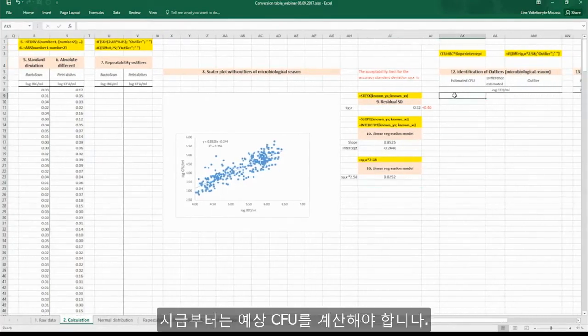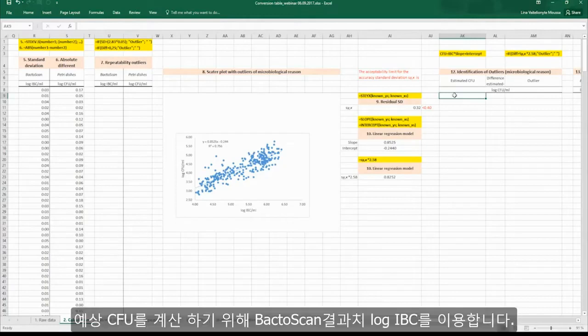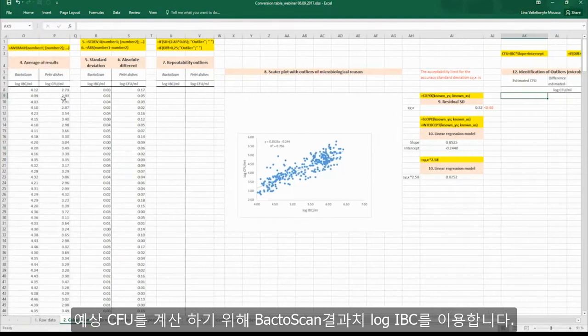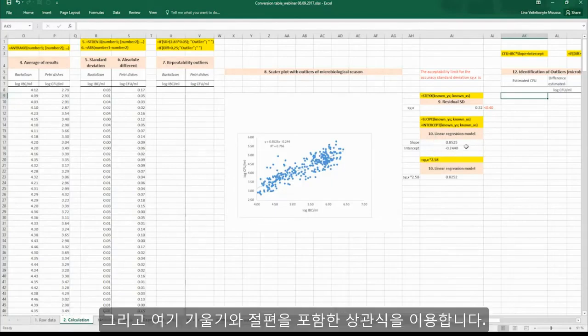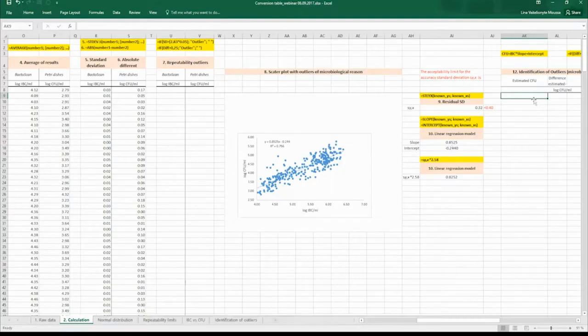So now first we have to calculate estimated CFU. For estimated CFU we will use logarithmic IBC from BactoScan data, and we will use this equation to calculate estimated CFU.